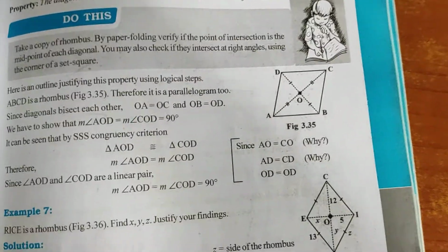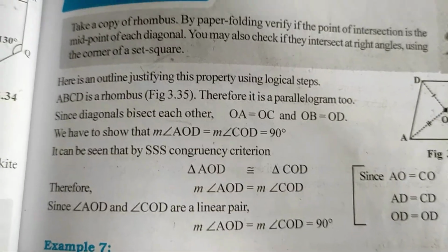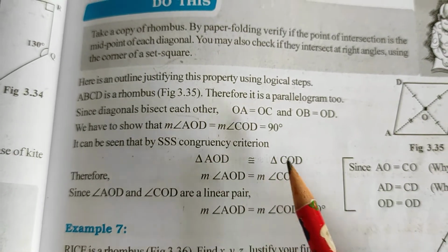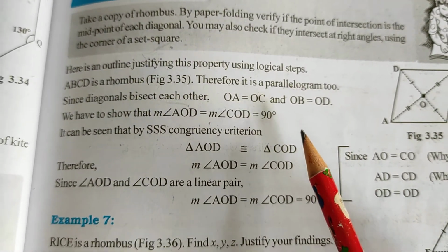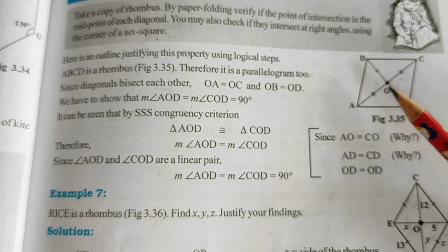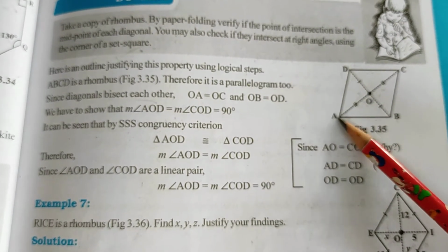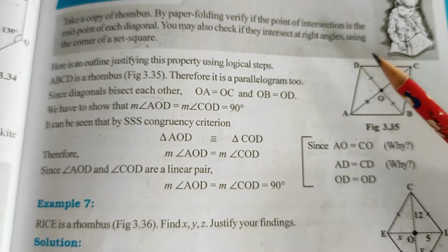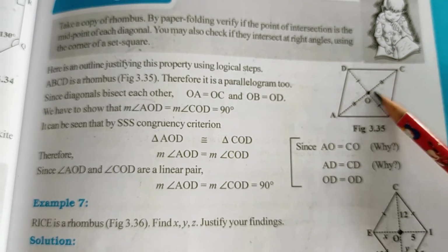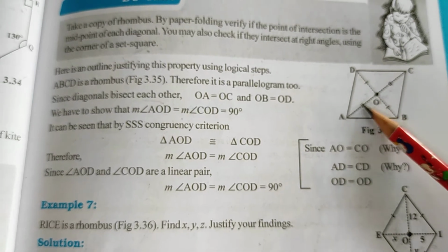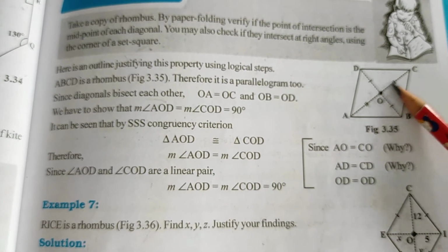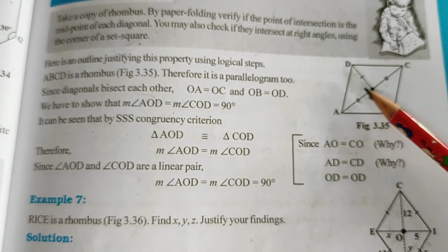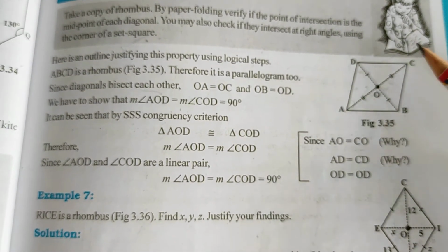Okay. See here, it can be seen by the side congruency criteria. See in these two triangles, AOD and COD, this side is equal to this side is equal to this side, and this side is common, so all the angles also will be equal.